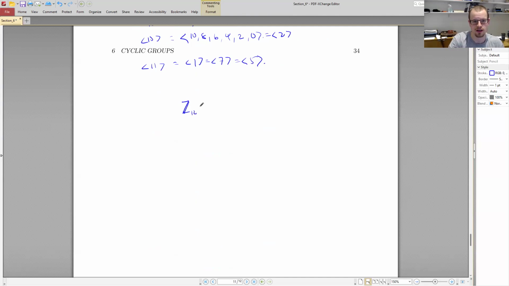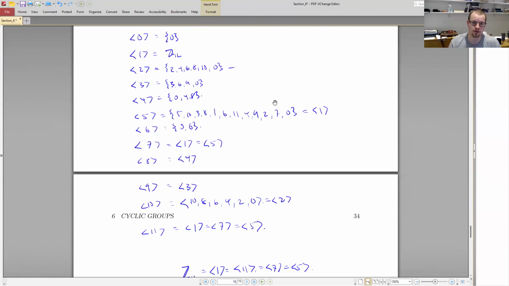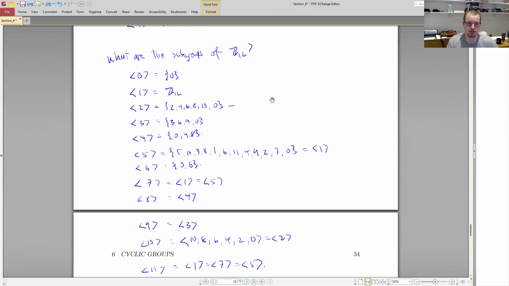Z12 is generated by 1, or 11, or 7, or 5. From there, we end up with essentially a separation of subsets. So your largest subset is going to be this one, which contains 6 elements. Your next largest is going to be this one.